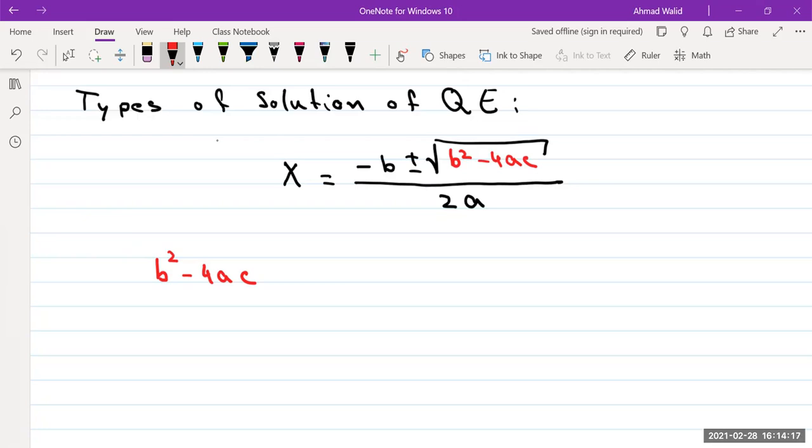possibilities actually. If your b squared minus 4ac becomes greater than 0, let me also introduce the name for you, we call it discriminant.